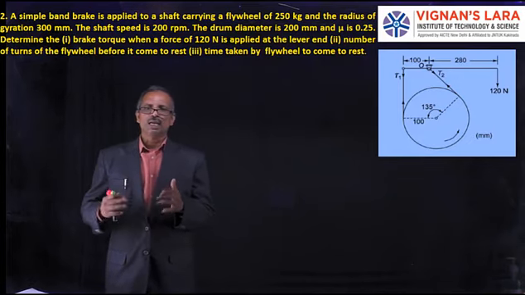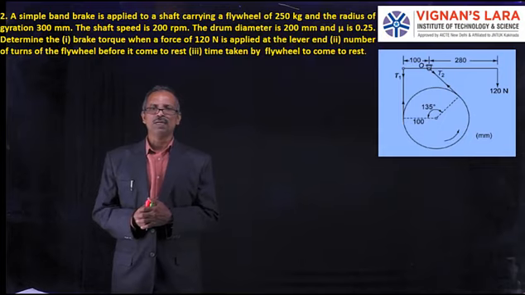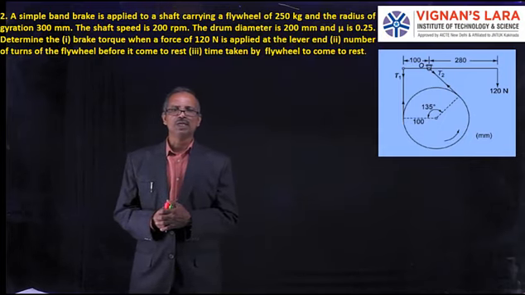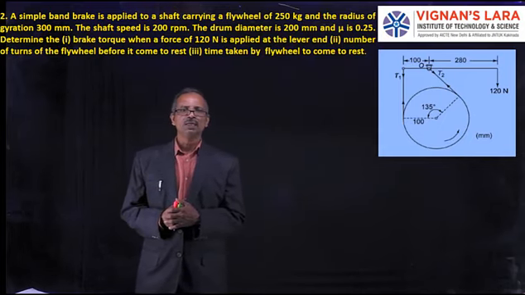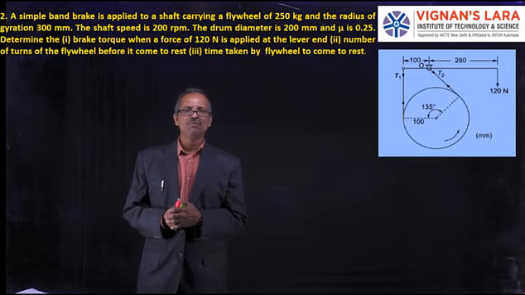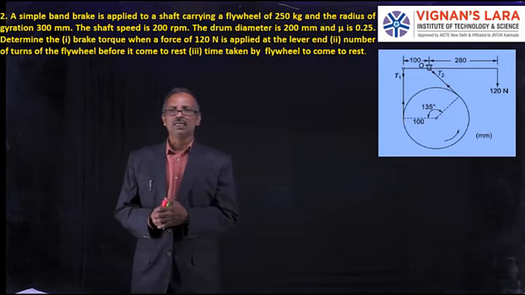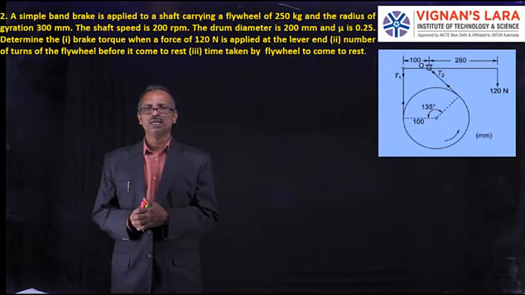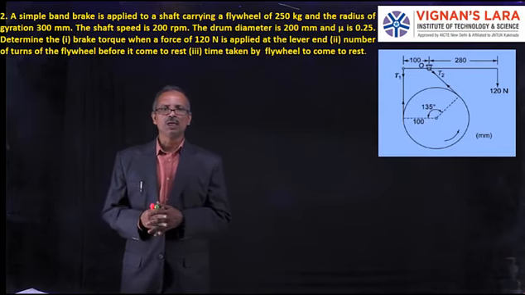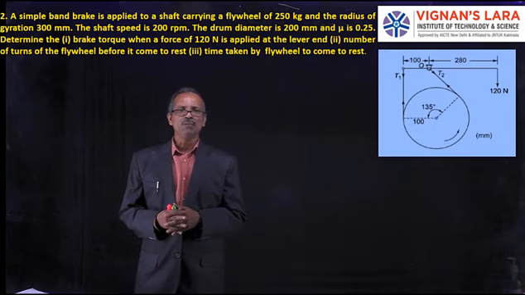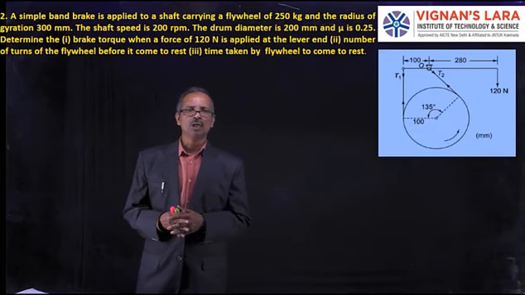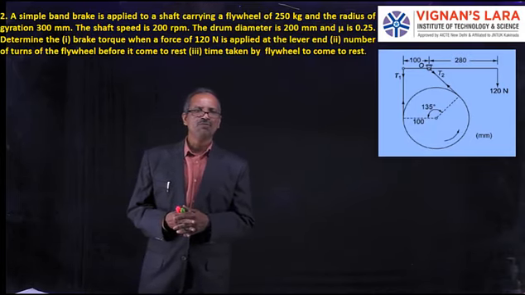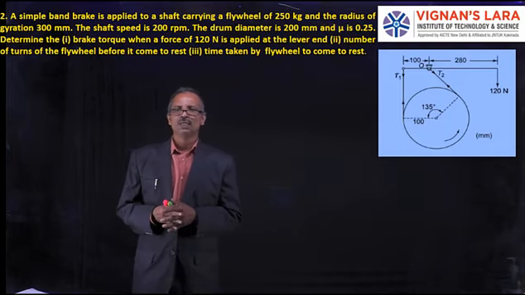A simple band brake is applied to a shaft carrying a flywheel of 250 kg mass and radius of gyration 300 mm. The shaft speed is 200 rpm. The drum diameter is 200 mm and the coefficient of friction is 0.25.